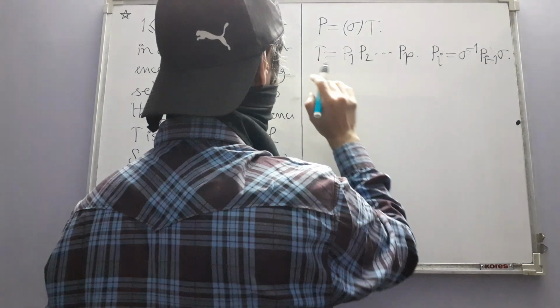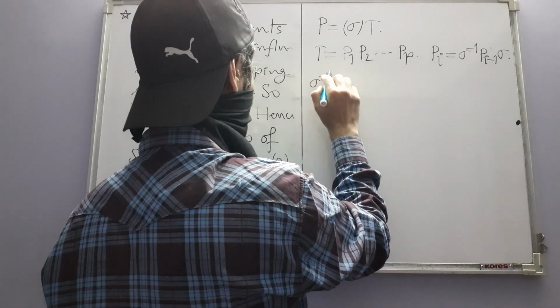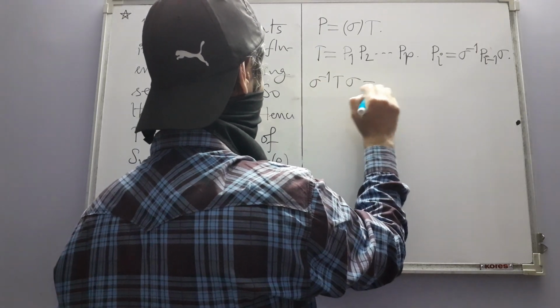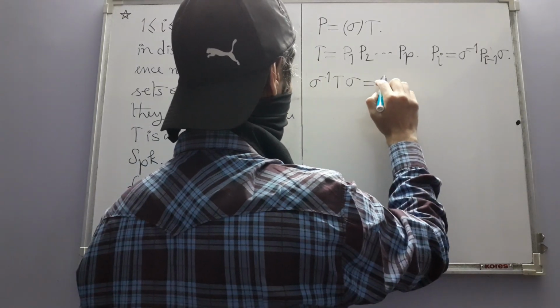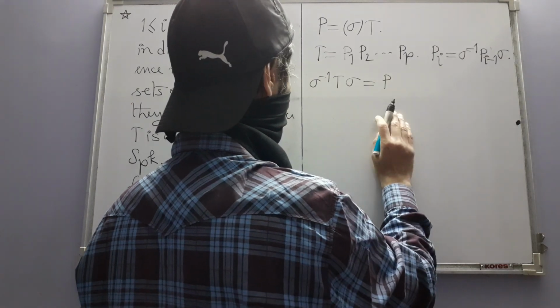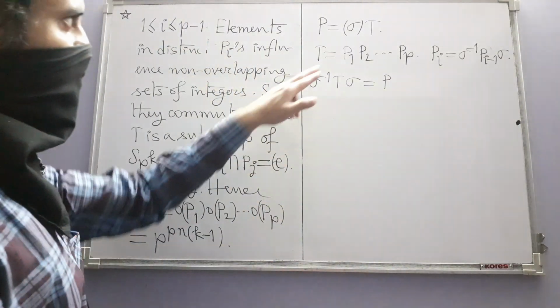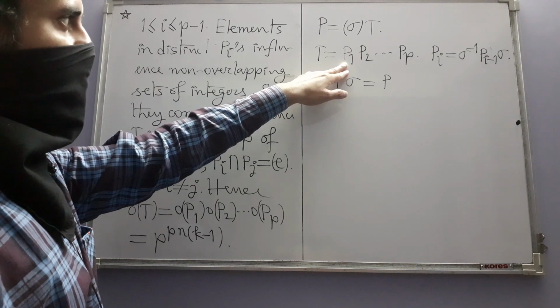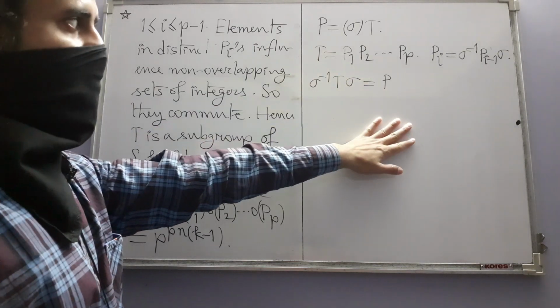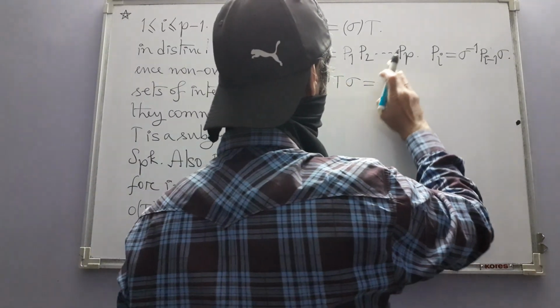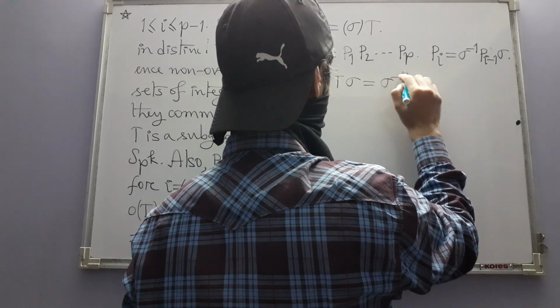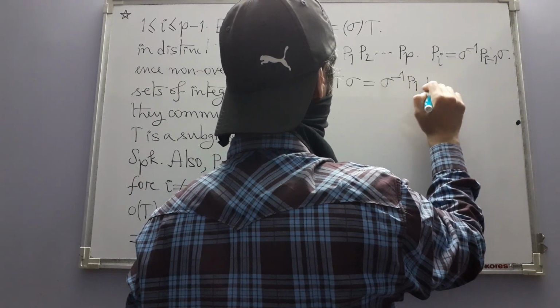With that, if we form this conjugate, we will realize that when you form the conjugate of this product, that is actually nothing but the conjugates of all the elements.